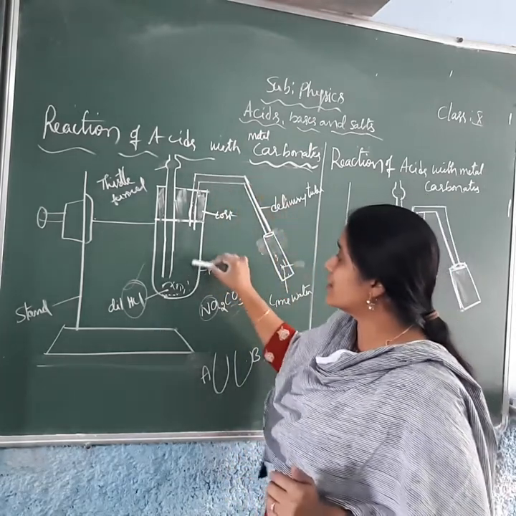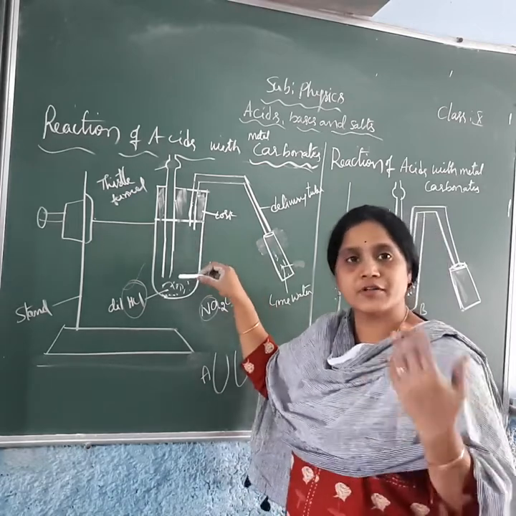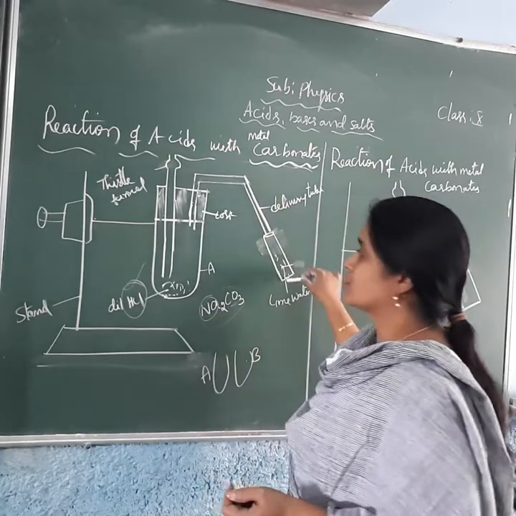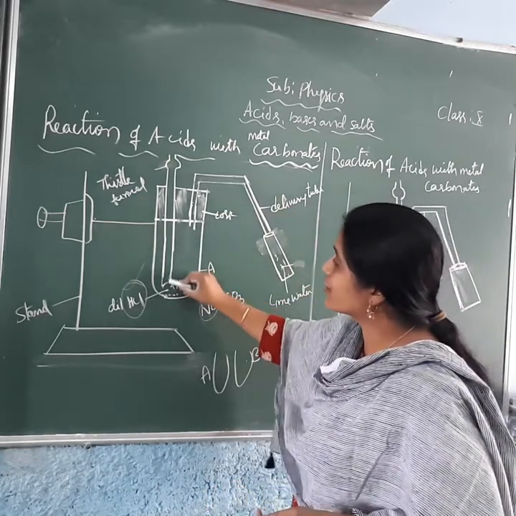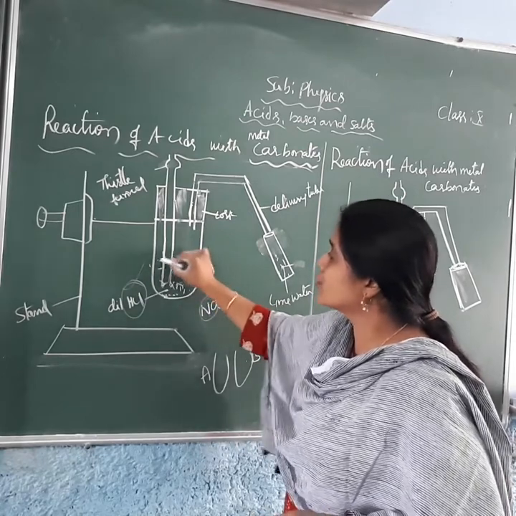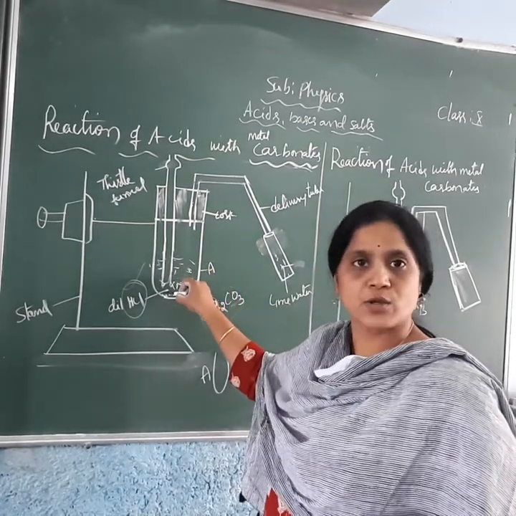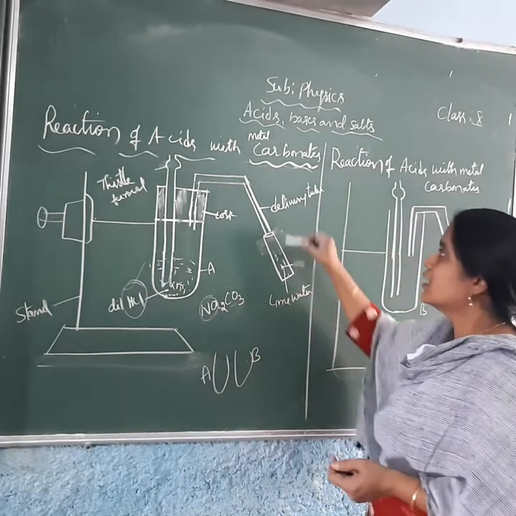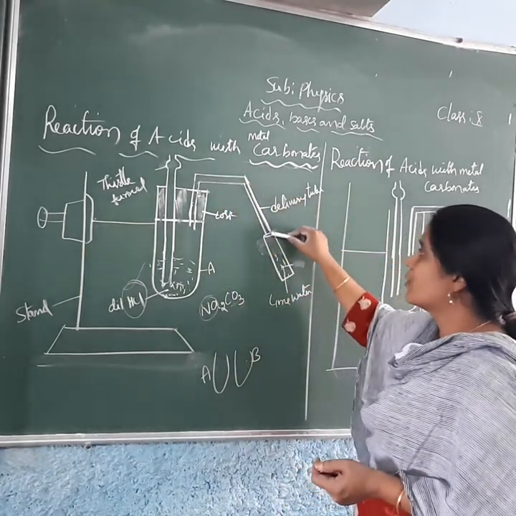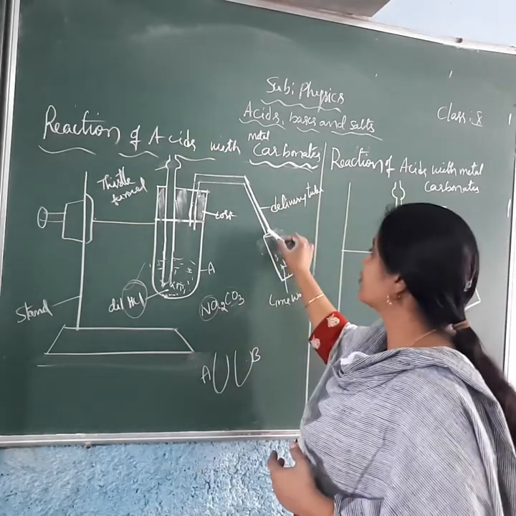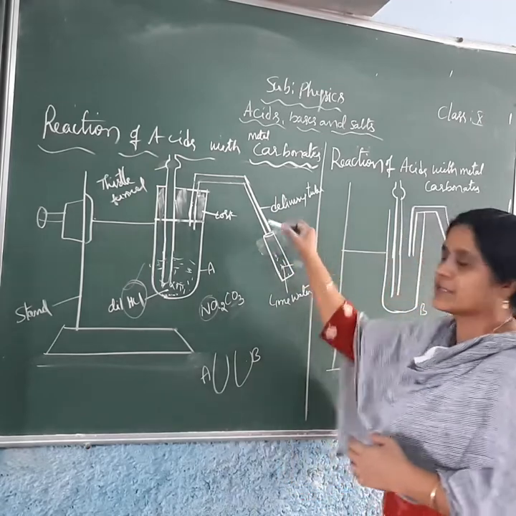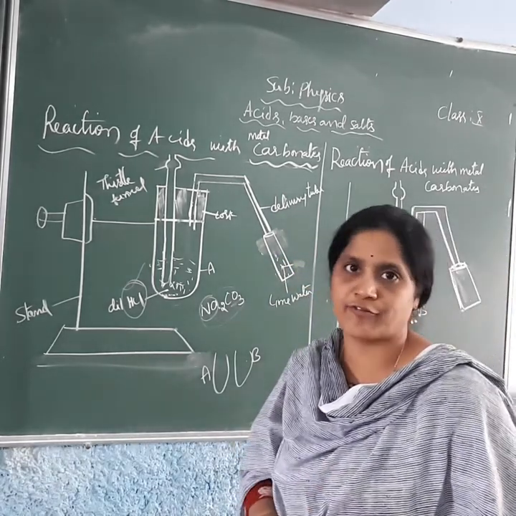The gases evolving after the reaction pass through this delivery tube, and the tube should dip into the solution. At the end of this delivery tube, you must fix it into another test tube or flask.